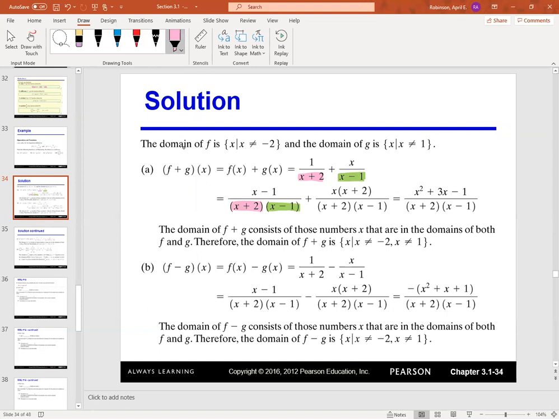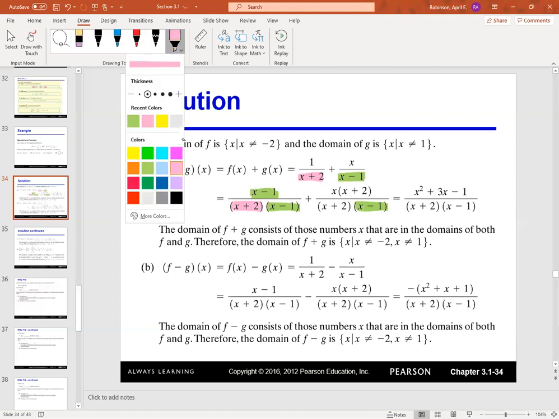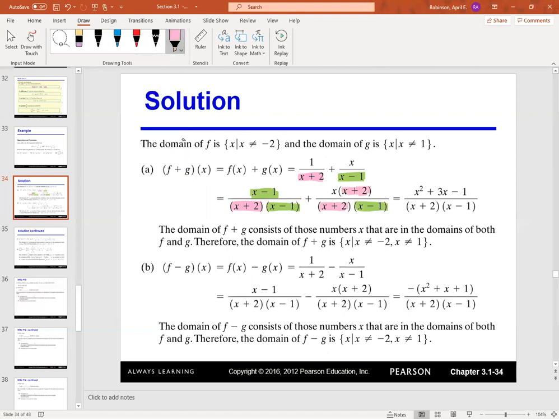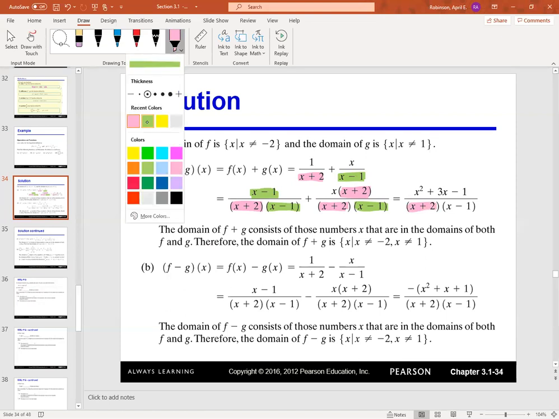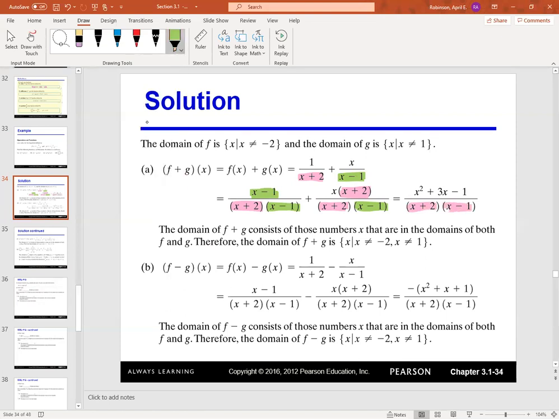The first one had the x plus 2 but not the x minus 1, so you multiply top and bottom by x minus 1. The second one had the x minus 1 but was missing the x plus 2, so you multiply top and bottom by x plus 2. Then your common denominator is written over here.